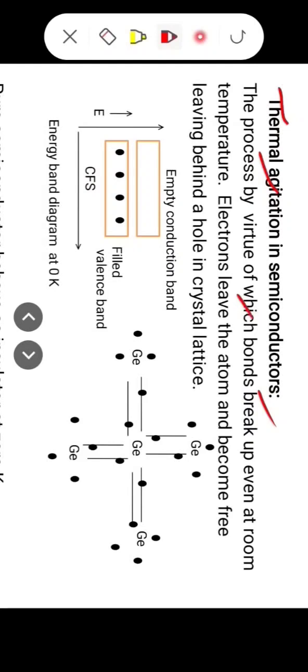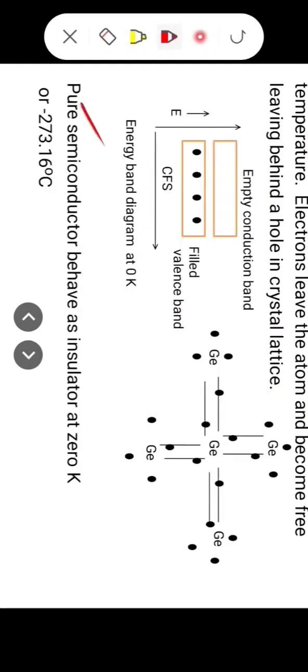Electrons leave their atoms and become free, leaving behind a hole in the crystal lattice. Pure semiconductor behaves as an insulator at 0 Kelvin or minus 273.16 degree Celsius.